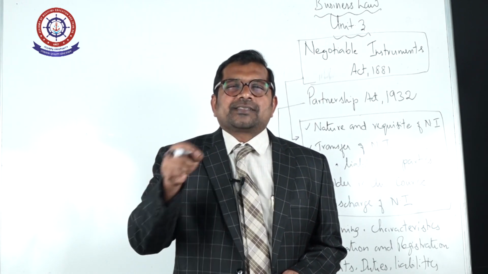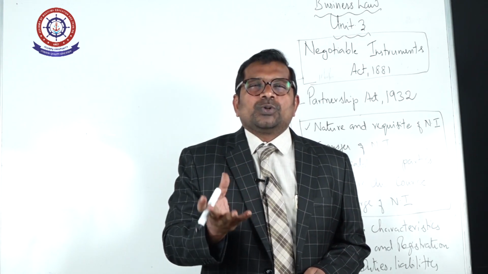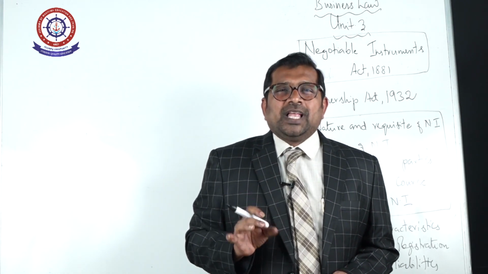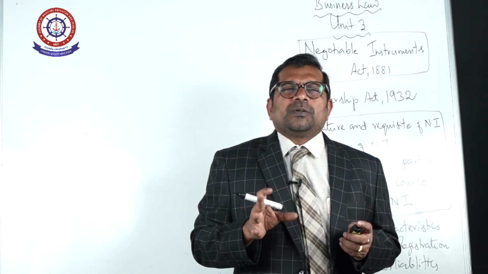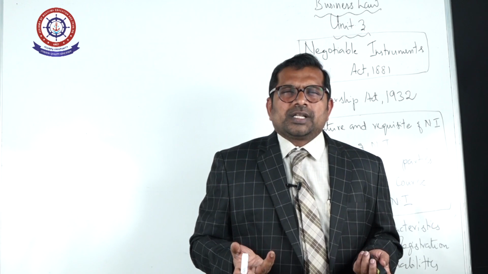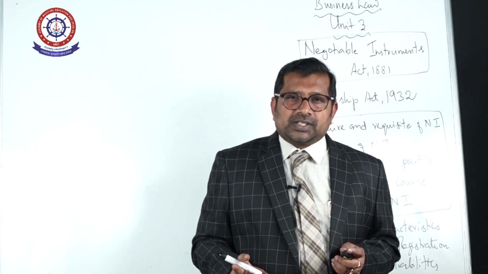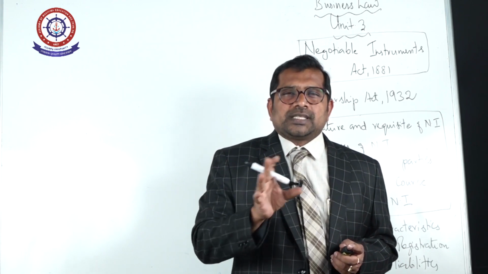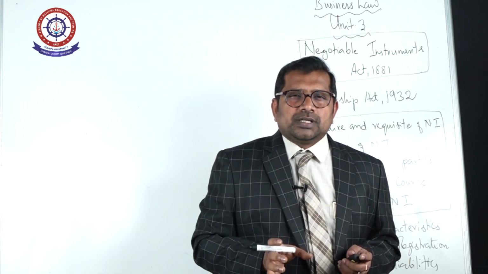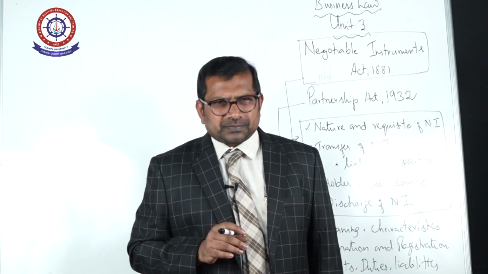B's title and its maturity. So the fifth point is without noticing of defect. Now the last one: the instrument bears no apparent evidence of what? Forgery, alteration or irregularity. If all these conditions are satisfied, then as per this example, A is the person who is called holder in due course.